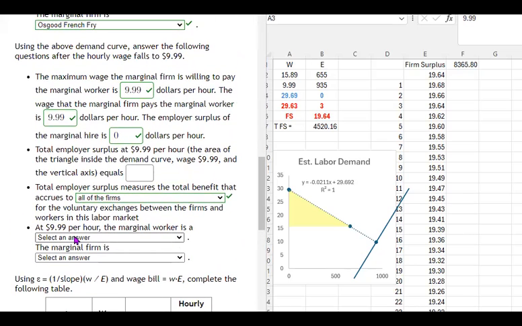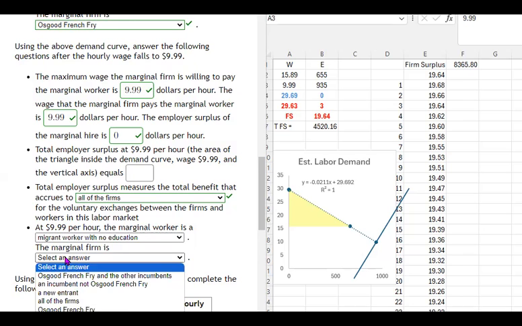At $9.99 per hour, the marginal worker is, like we said, a migrant worker with no education. They were drawn into this labor market because of this cataclysmic, horrendous weather event that eliminated employers and homes and whatnot in their home country. So they come here and enter this labor market and it pulls down the wage. So they're the new marginal worker.